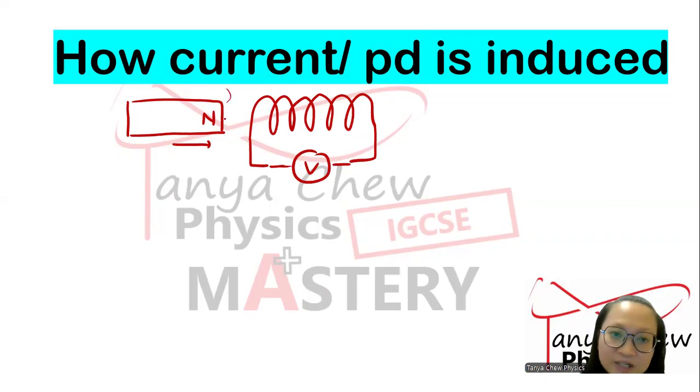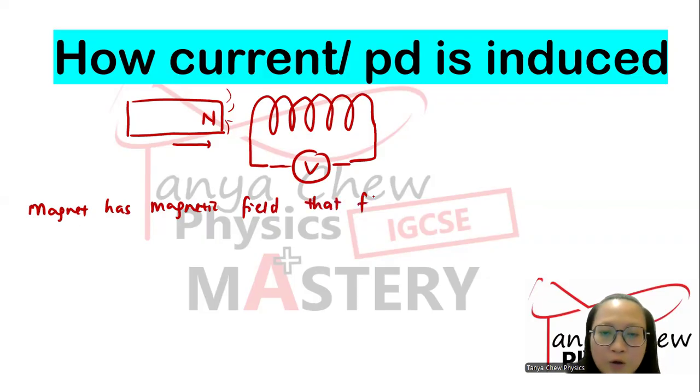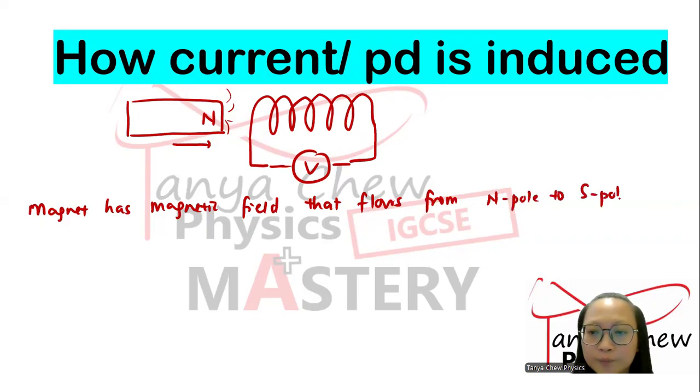So a magnet has its own magnetic field. It's just that we cannot see it. The magnetic field of the magnet is invisible. Remember that. So a magnet has a magnetic field that goes from the N pole to the South pole.